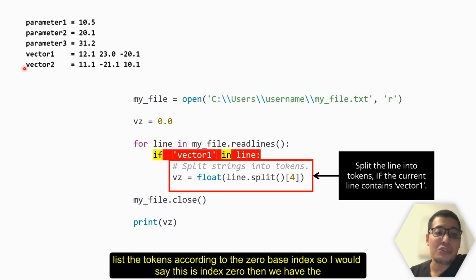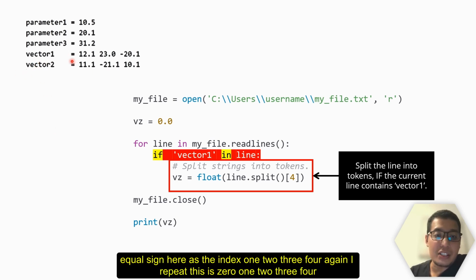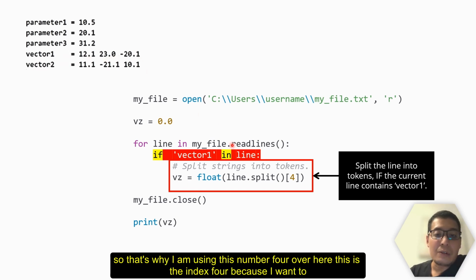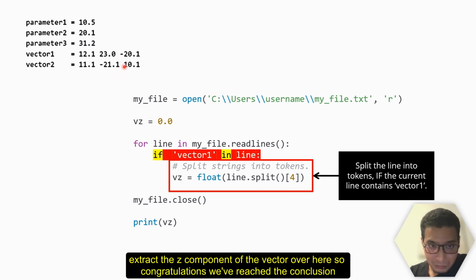So this is index 0. Then we have the equal sign here as index 1, then 2, 3, 4. Again, I repeat, this is 0, 1, 2, 3, 4. That's why I am using this number 4 over here. This is index 4 because I want to extract the Z component of the vector.